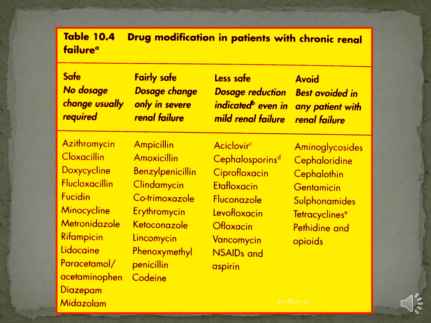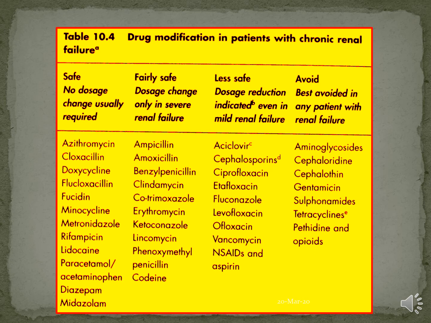Then comes our drugs. There are many drugs we prescribe to the patient because of the relative susceptibility of renal patients. We will be prescribing antibiotics definitely, for sure. So what antibiotic to prescribe, what antibiotic not to prescribe? There is a big list of antibiotics in this table, of which you see the safest drug.